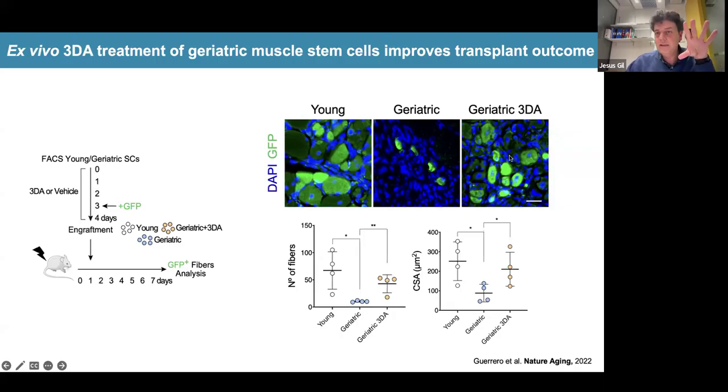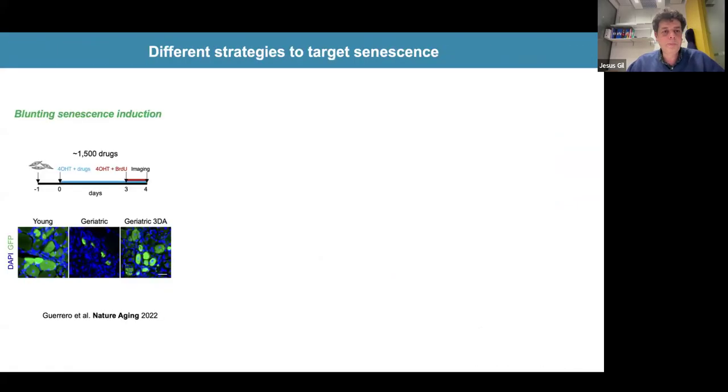And I just want to highlight that we are treating just ex vivo during a week, during the time that we are expanding these stem cells. During this time, if we treat with 3DA, these cells will engraft much better and will recover the regenerative potential of these muscle stem cells by inhibiting this senescent response. So this is one of the ways that we can try to target senescence, by blunting senescence induction.